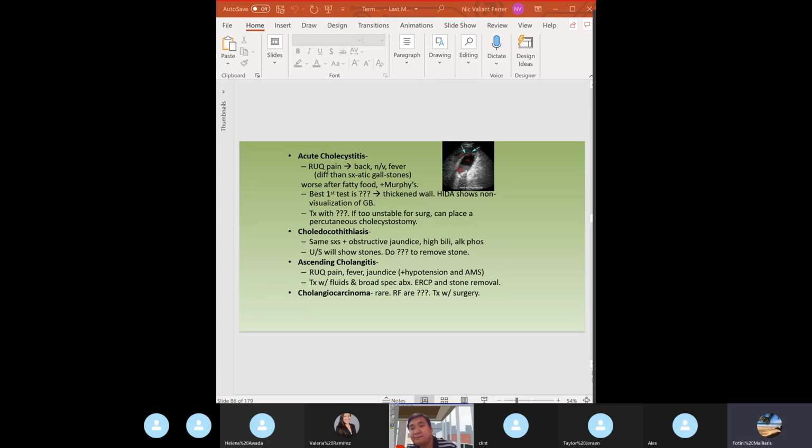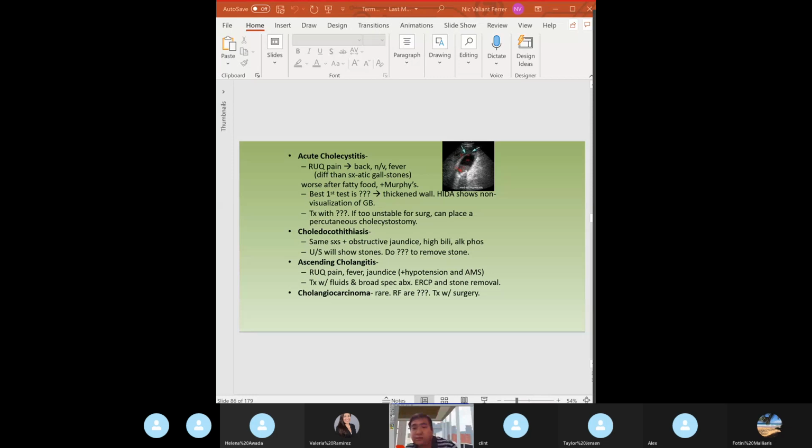It's the least invasive, least expensive. What can I see in ultrasound? Stones, gallstones. You can see thickened wall, and what else? Pericholecystic fluid, right? You can see fluid around the gallbladder.